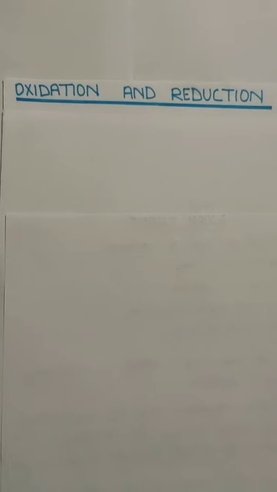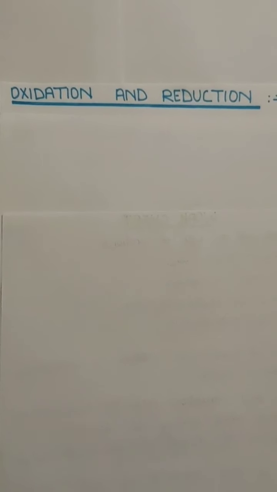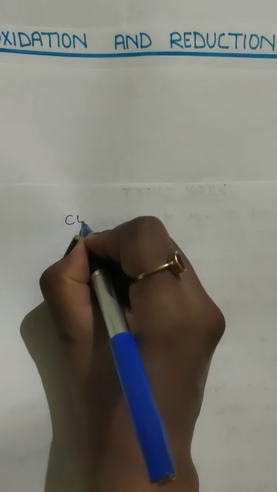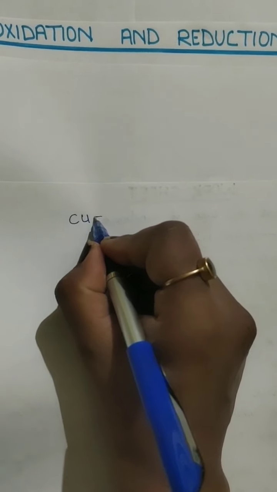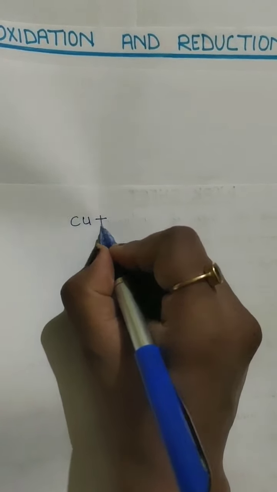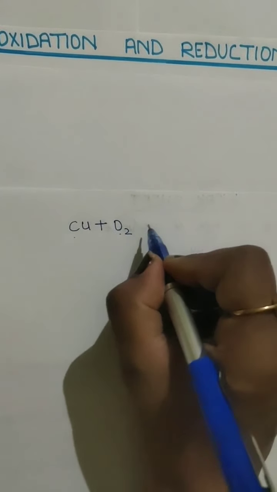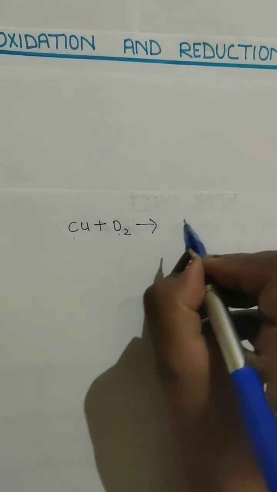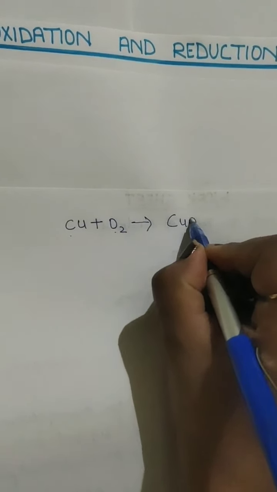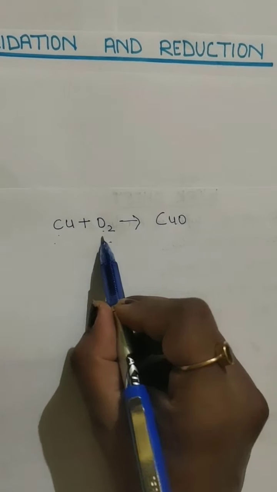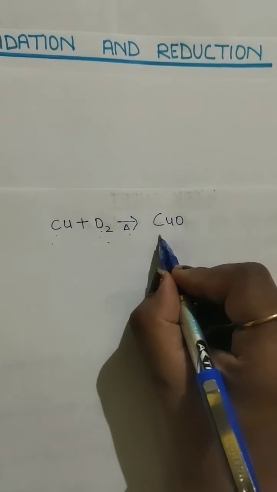There is an activity in your NCERT book in which we have to heat some copper. We will be heating, not burning, copper in the presence of oxygen. So copper will be heated in the presence of oxygen and we will be getting CuO, because when copper is heated in the presence of oxygen, we get copper oxide.